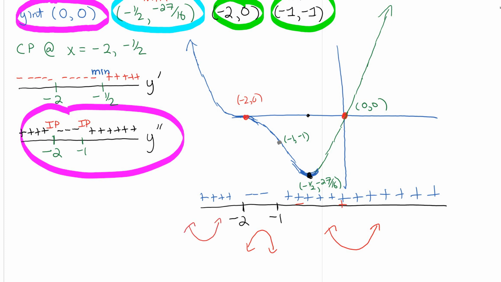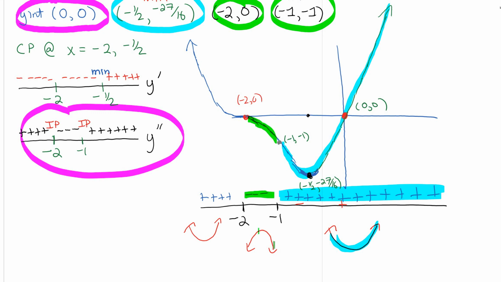Okay, so let's go ahead and take a look at this. I think the easiest part to check is probably this blue region right here, concave up. So that represents this entire blue region right there. And that blue region represents this part of the concave up graph, so that matches, which is great. And then I have this green region right here, which represents concave down, and that represents this part of the concave graph right there.